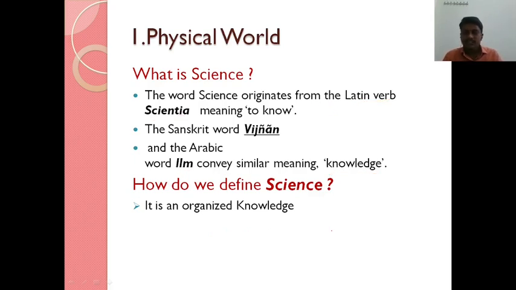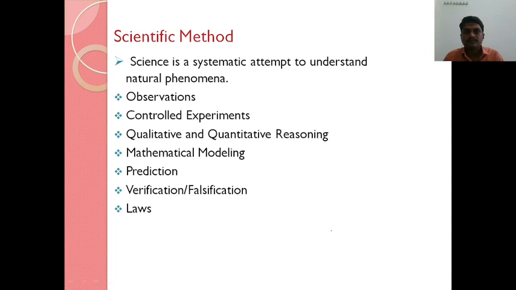In order to understand the natural laws related to science, we follow a method called the scientific method. The scientific method is a systematic attempt to understand natural phenomena.